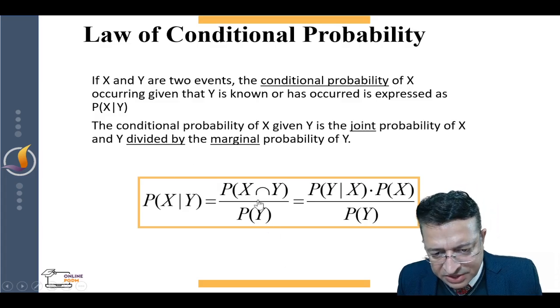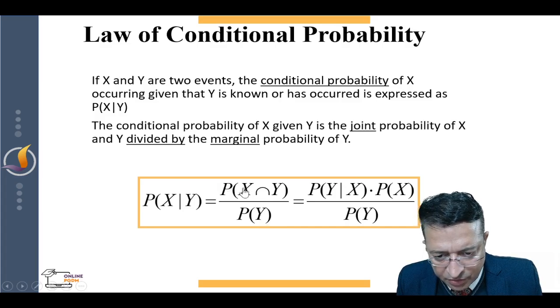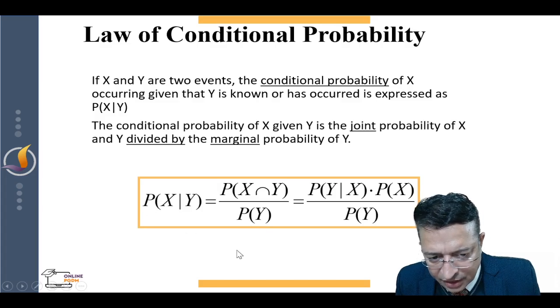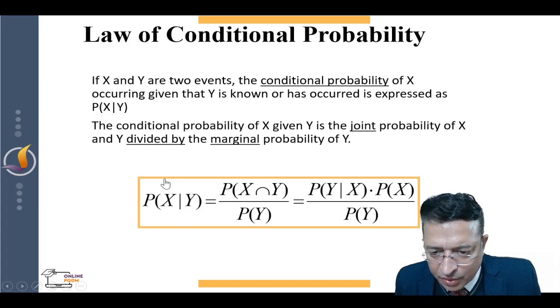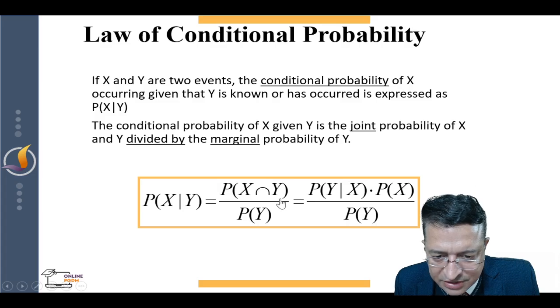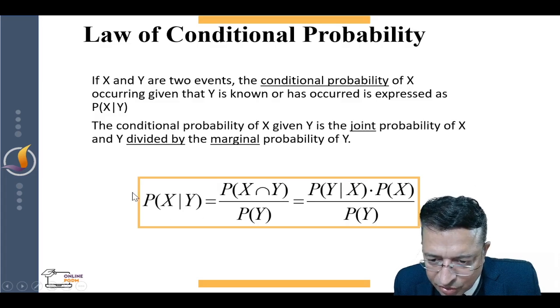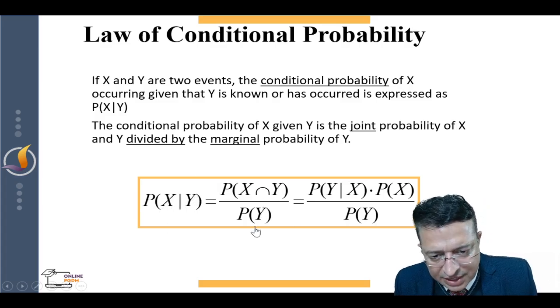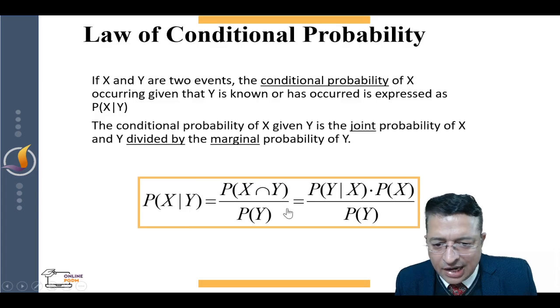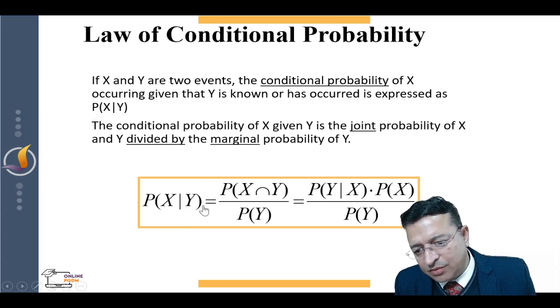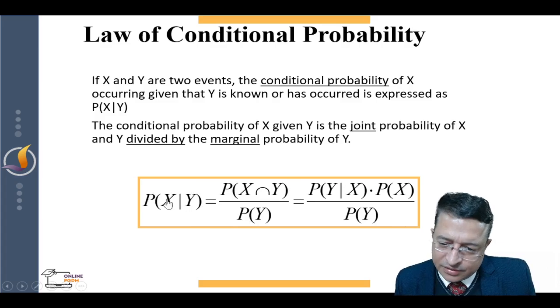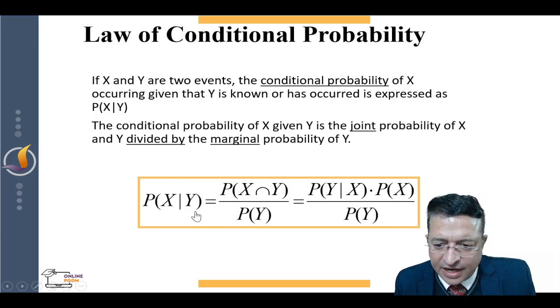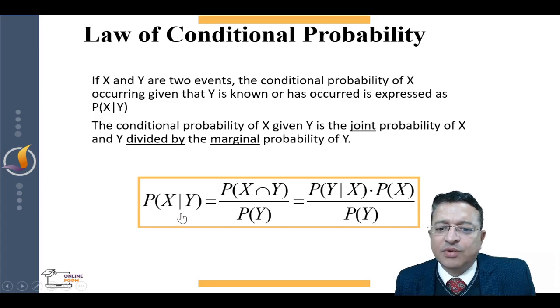So you must have seen this formula earlier. Probability of x intersection y was nothing but probability of x times probability of y given x. Here, probability of y intersection x is the probability of y times probability of x given y. So the same formula is manipulated, and from the same relationship you can calculate that conditional probability. Just by changing the sides, you can calculate the conditional probability.